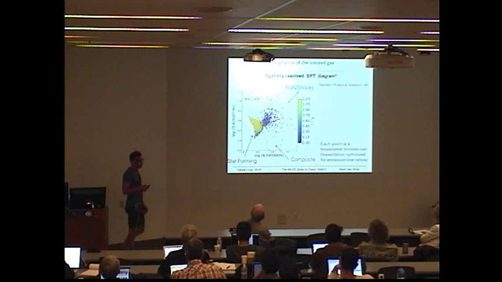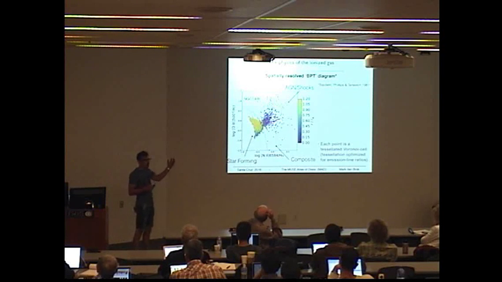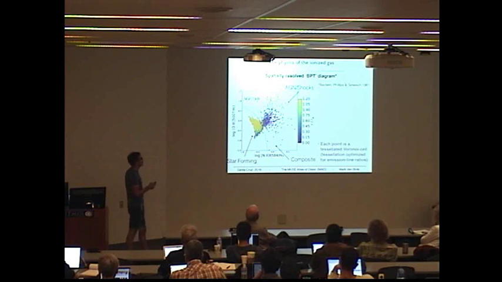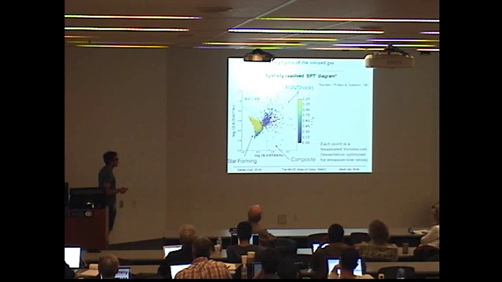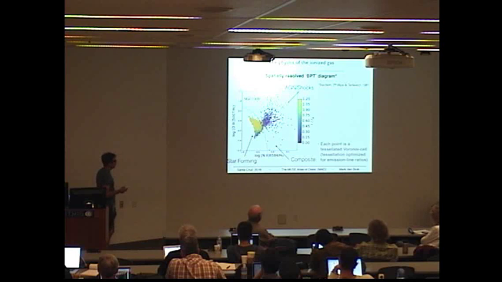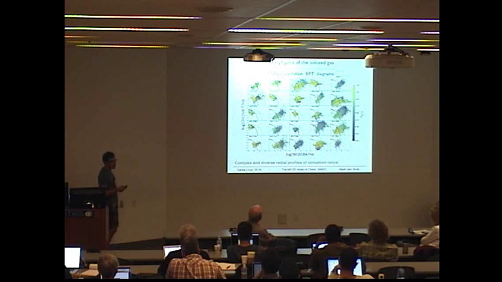This is an example for one galaxy, where for each Voronoi bin, so we have to bin the galaxies to get high enough signal to noise for the stellar populations, for each bin we determine these line ratios, and we can say if certain areas are star forming, or if they're composite areas, or in this kind of AGN area. We've done this now for all our galaxies, and you can see that there's a variety.